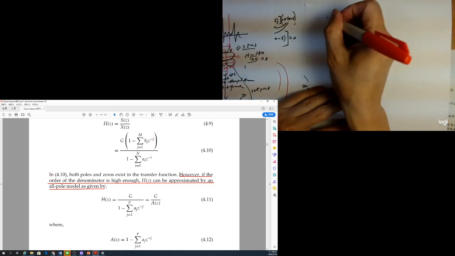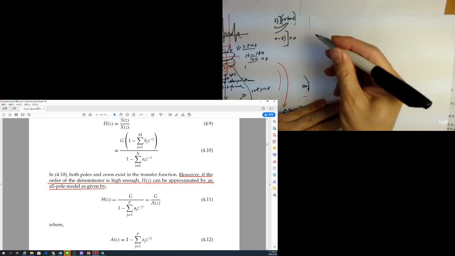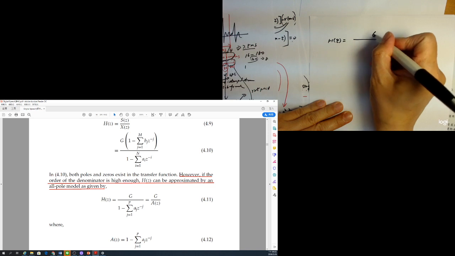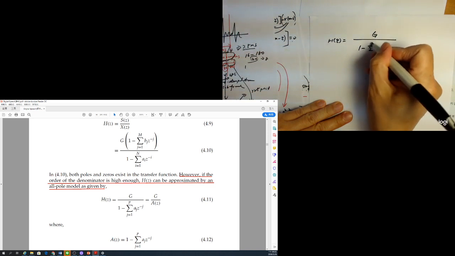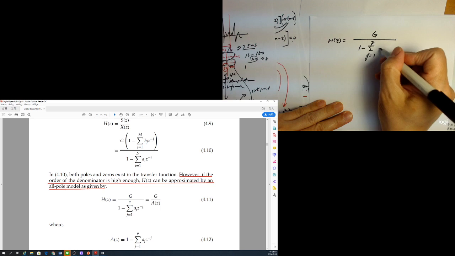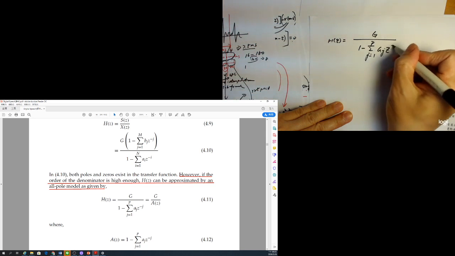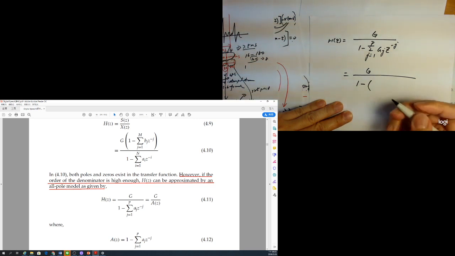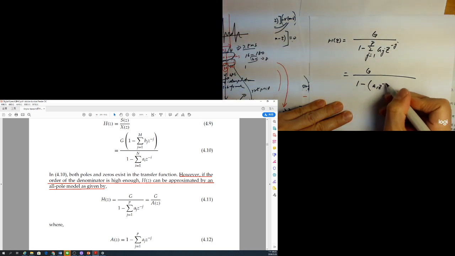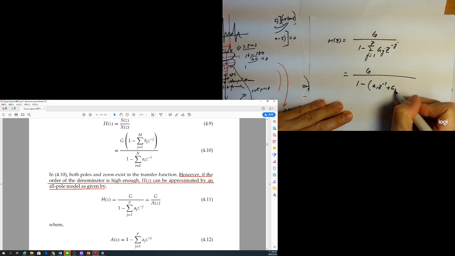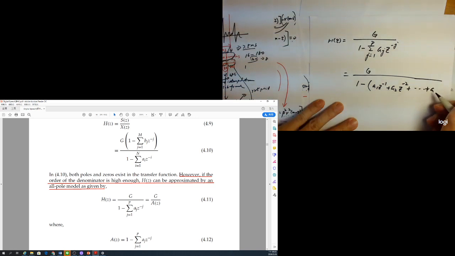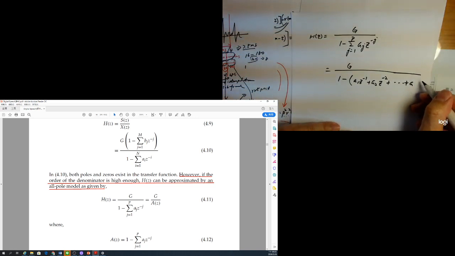If you look at this equation, it's H of z, which is 1 minus the summation from j equal to 1 to p of a_j z^-j. So it's 1 minus a1 z^-1 plus a2 z^-2, and so on, until we have ap z^-p.